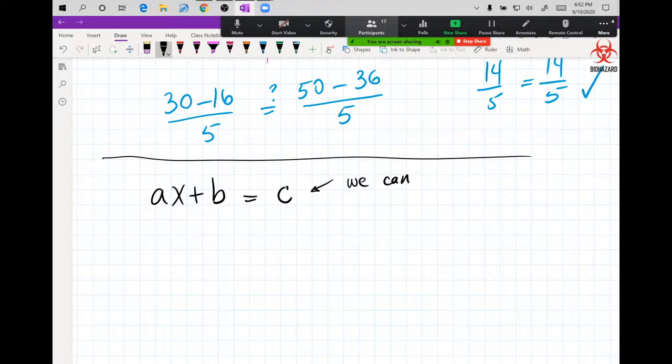We can compute c if a, b, x are given. So now, in some sense, this is the easiest part of the lecture, and I'm talking about it at the end.